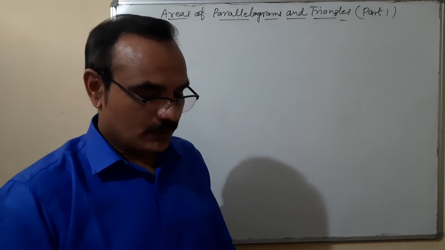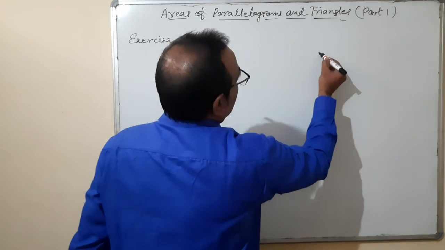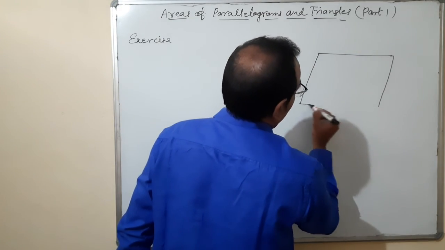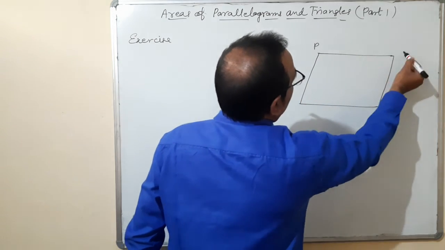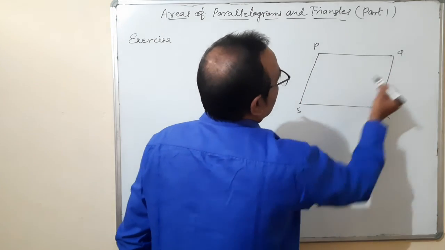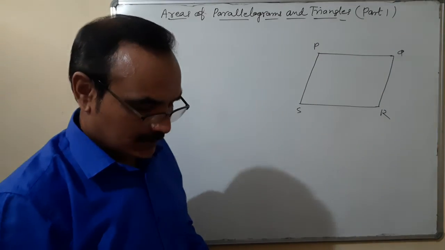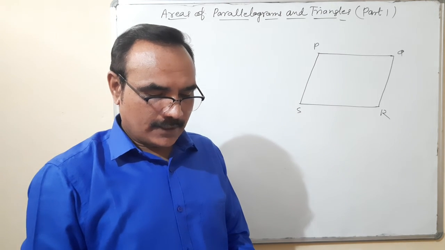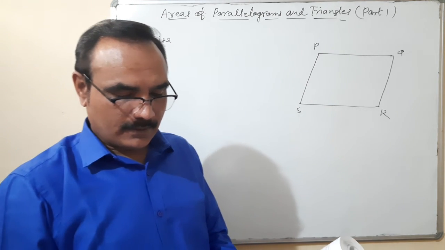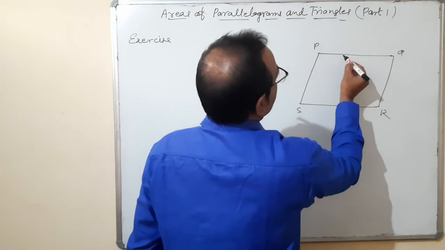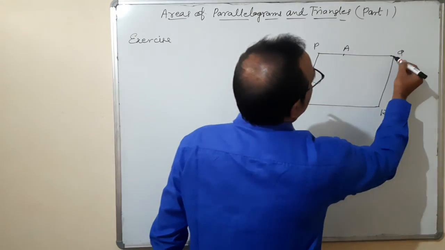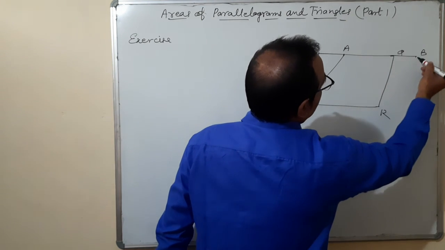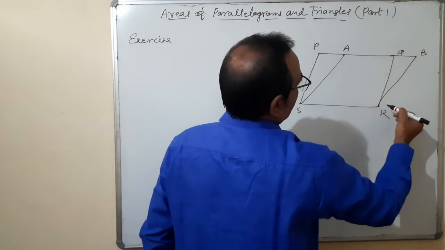Okay. So I'm making a diagram first. PQRS, it's a parallelogram. And ABRS, the second parallelogram.